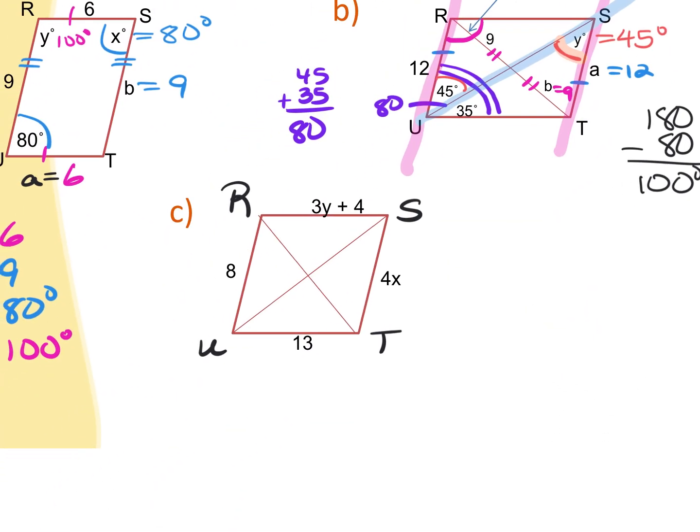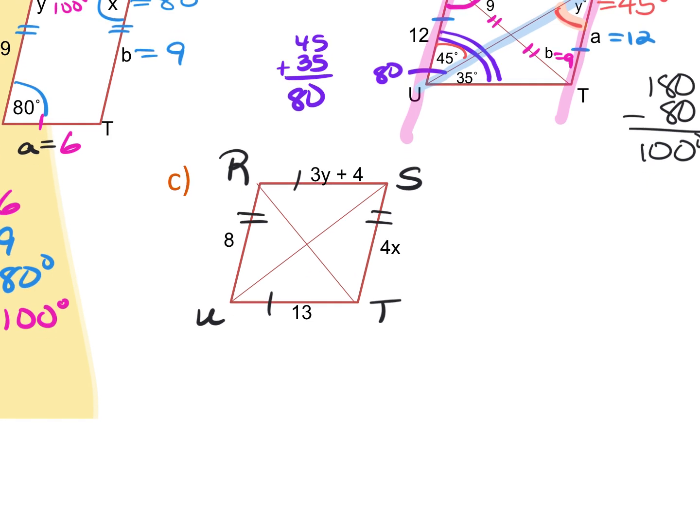So for C, again, I could use my parallelogram opposite sides theorem and show that RS is congruent to UT and UR is congruent to ST. So I'm going to solve two separate equations. In order to find X, I'm going to set 4X equal to 8.